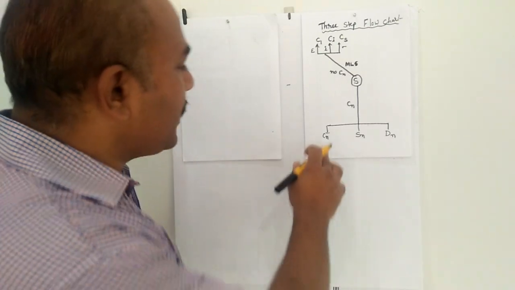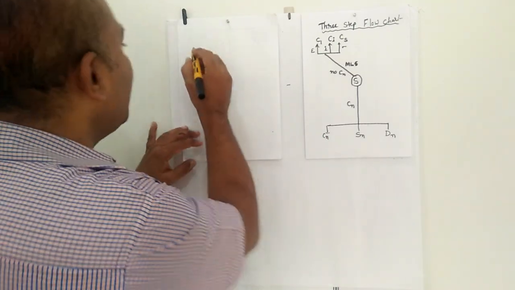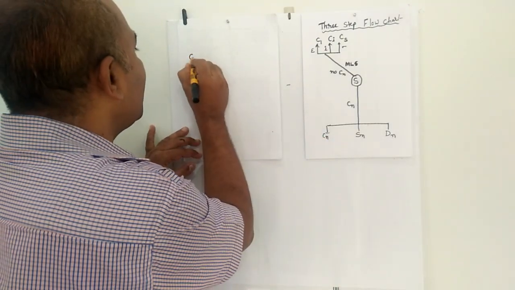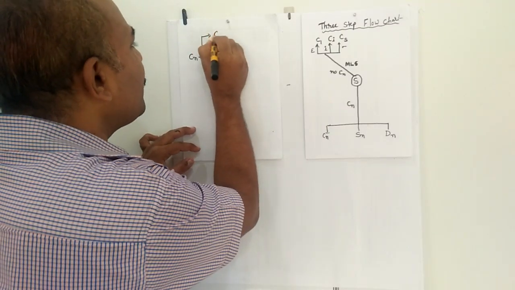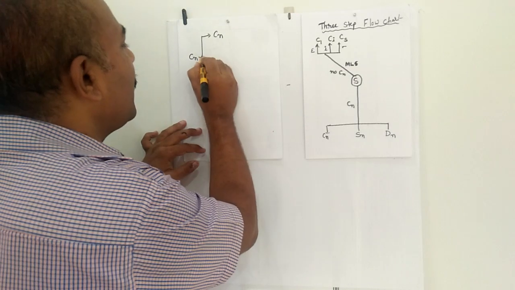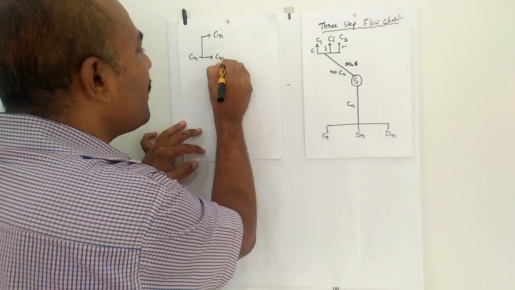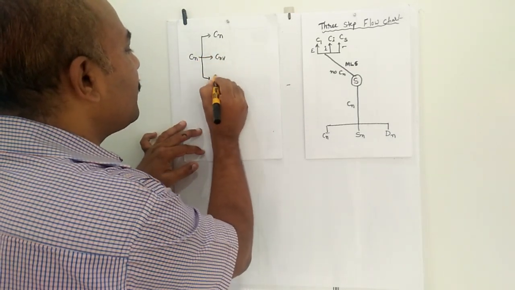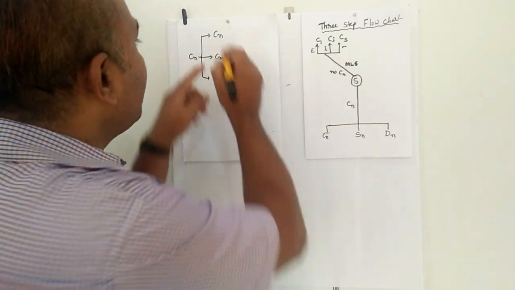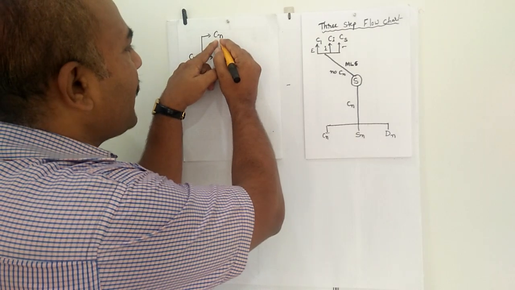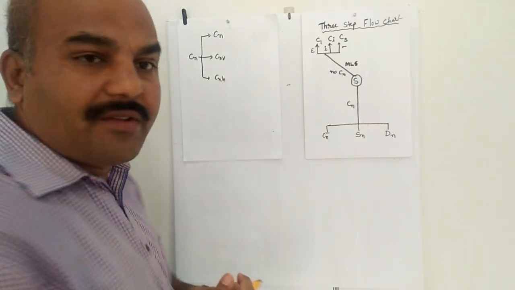So when we come to the Cn type, there are 3 types under the Cn type. One is the Cn point group, another one is the Cnv point group, and the third one is the Cnh point group. Pure rotational axis of symmetry is present in the Cn.